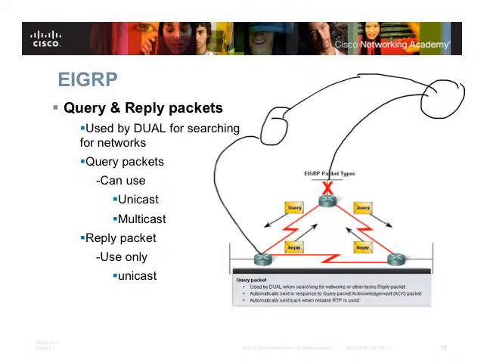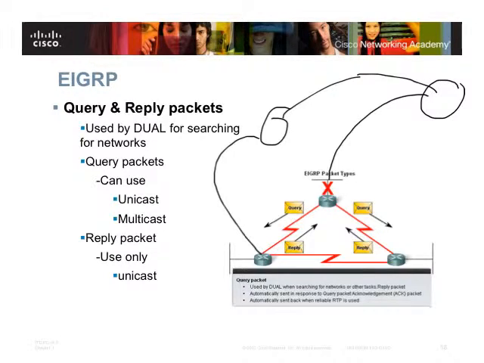Because we said that EIGRP uses triggered update, right? So when it starts up, I get, for example, a packet with a destination address of 172.30.2.1. I look in the routing table, there's no such thing. I'm just starting up, right? So I don't yet have a route to this destination network, right?